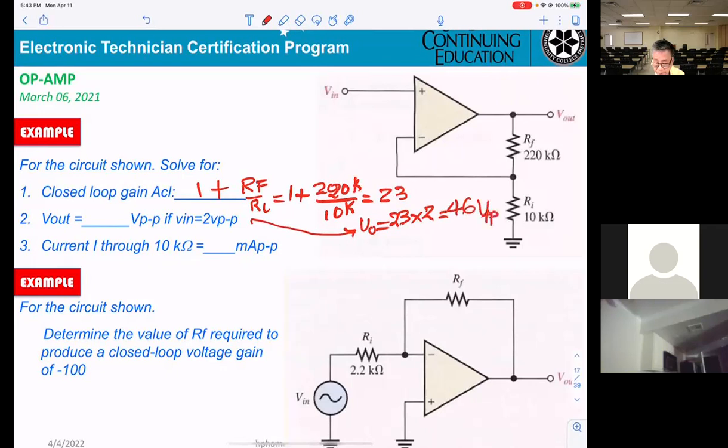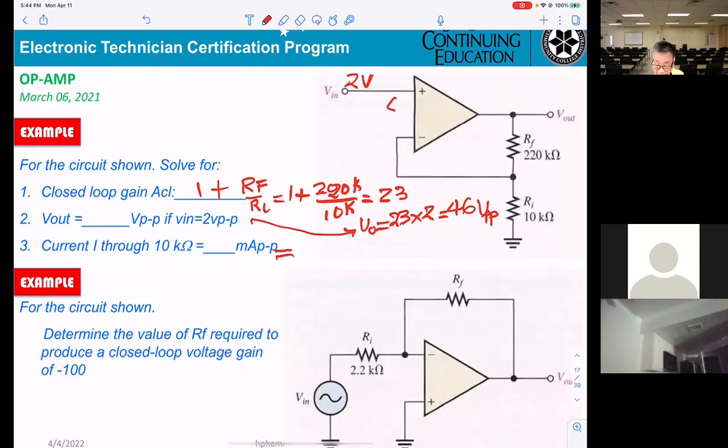Okay. If you want to get the current going through the 10 kilo ohm, what will it be equal to? The voltage here, V in, equal to 2 volt.